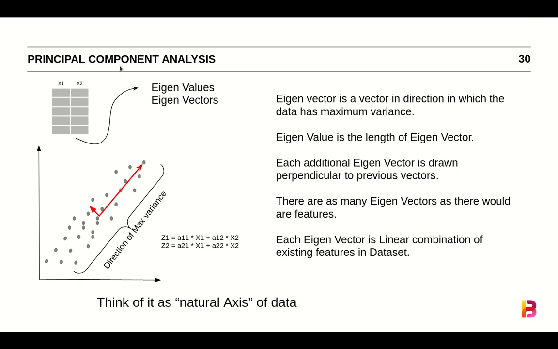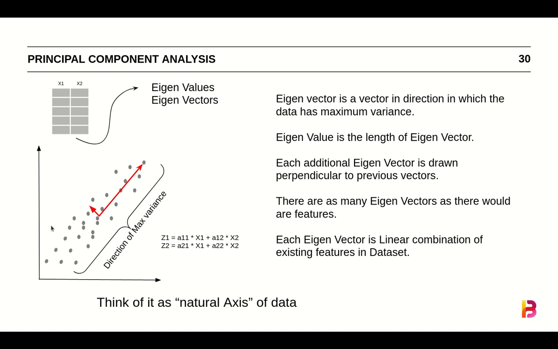In a three-dimensional data, this would take the form of a cloud, and we would have three of these directions. The first direction corresponds to the direction in which data is spread the most, then a direction in which it is spread intermediarily, and the third direction would be the direction in which data is spread the least.